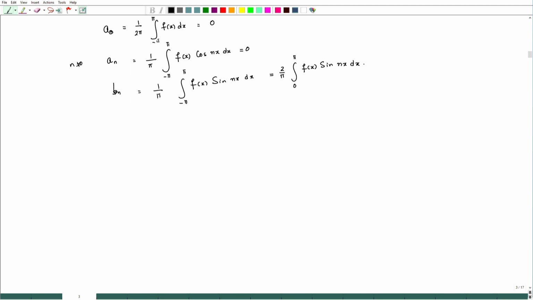Suppose f is even, 2 pi periodic, then what we can get is that in this case, just the calculation like above, we will get a_n equal to 2 by pi, integral from 0 to pi of f(x) cos(nx) dx, and b_n, again f is even, sine is odd, therefore, this is going to be 0.